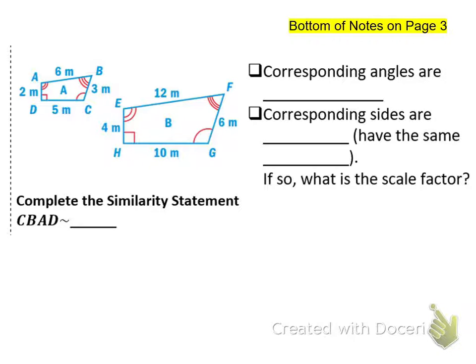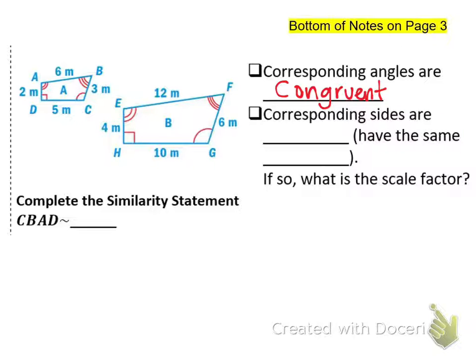So these are check boxes, the way that I think, I always go through like check, check. Corresponding angles are going to need to be congruent. So that is your first blank. Corresponding angles need to be congruent to have similar figures.